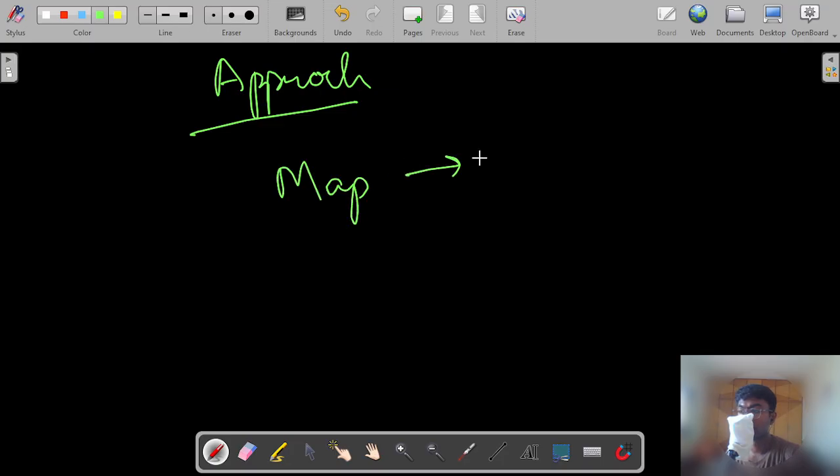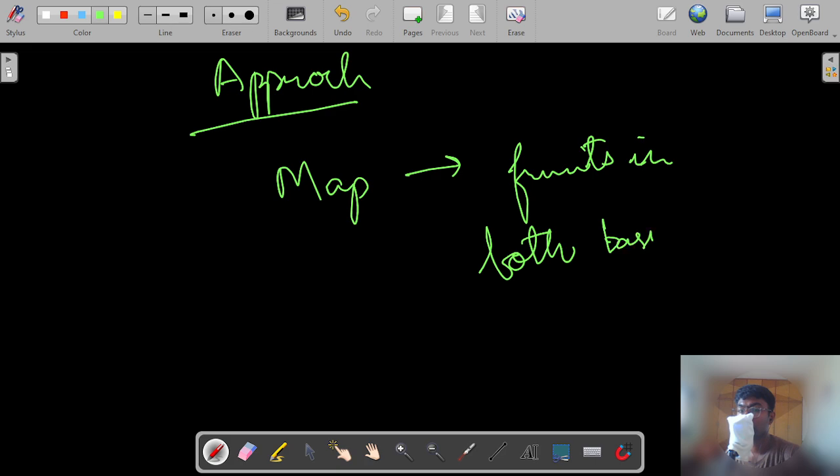So the approach that we can take to solve this problem is some sort of a map to keep track of all the fruits in both basket 1 and 2.